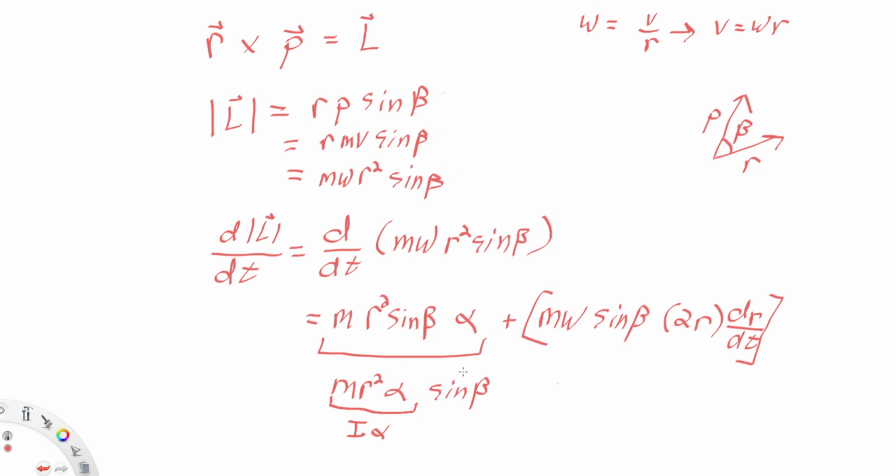So the sine beta exists to give us just the part of this term that is perpendicular to the radius.